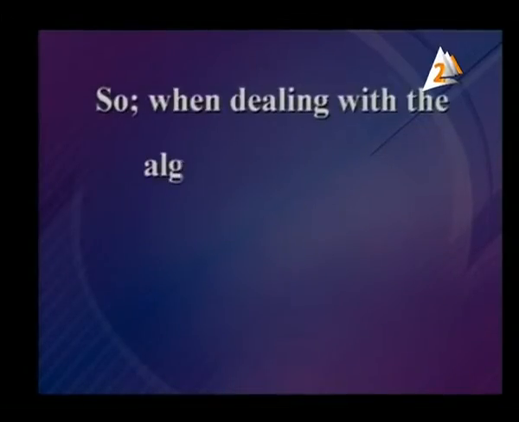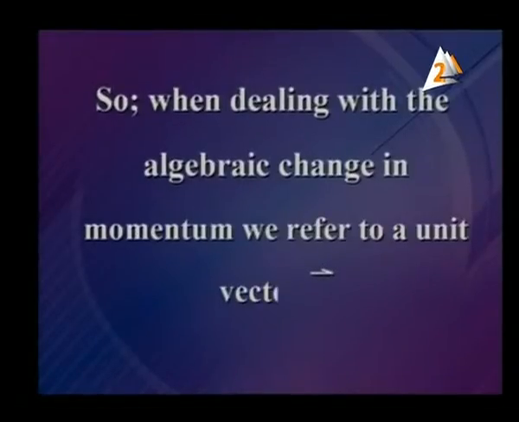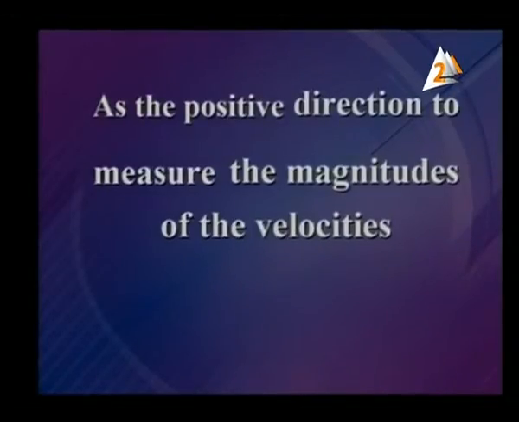So, when dealing with the algebraic change in momentum, we refer to a unit vector k as the positive direction to the measure of the magnitudes of the velocities v1 and v2.